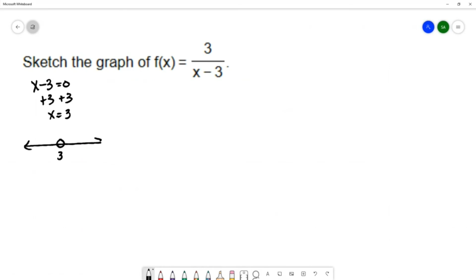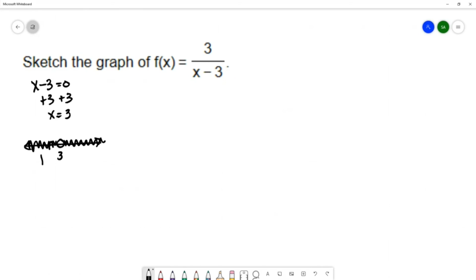So I've drawn the number line with a 3 and an open circle. Open circle notation excludes 3 from the set. And I'm shading the rest of the number line. So this number line represents all real numbers except for 3.